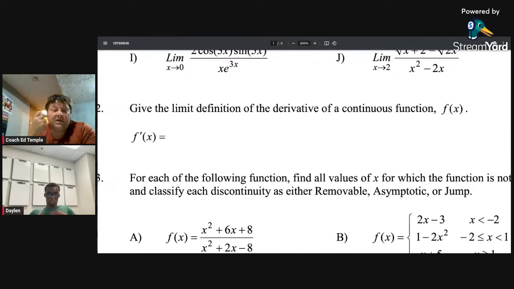Yeah, so they should have given you that in your notes, but it should be limit as h approaches 0 of f of x plus h minus f of x all over h. That's one way to define it, but you can look that up, since there are different ways to write that.